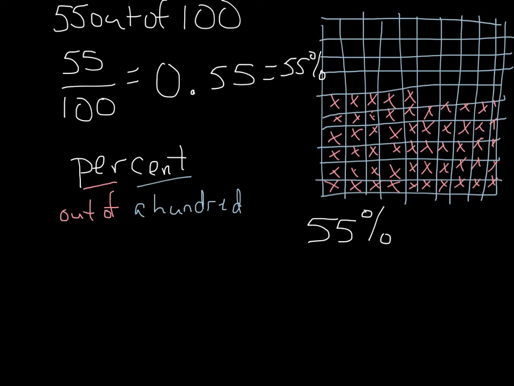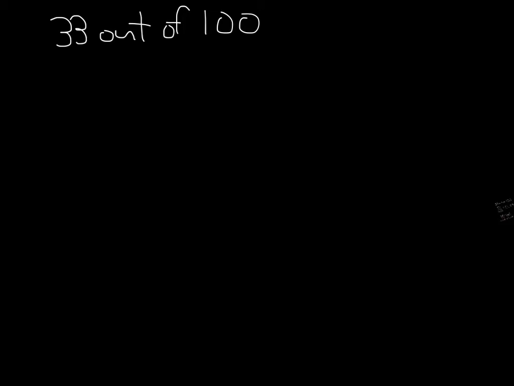Okay, let's take a look at some other fractions we can make into percent. The first I want us to look at is going to be 33 out of 100. And then I want us to look into this percentage, 4 out of 10.